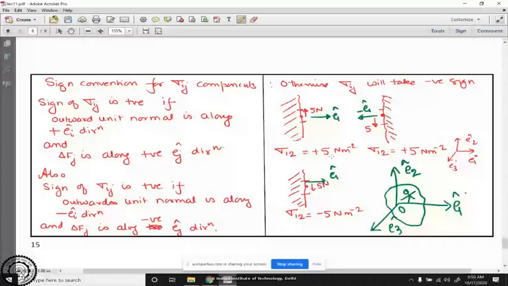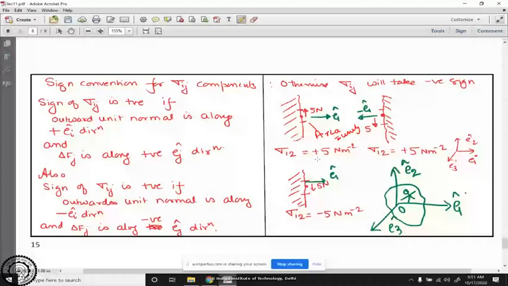And here I'm assuming that the area is unity. That's why 5 Newton will still be 5 Newton per meter square. So this will be the case with plus 5.